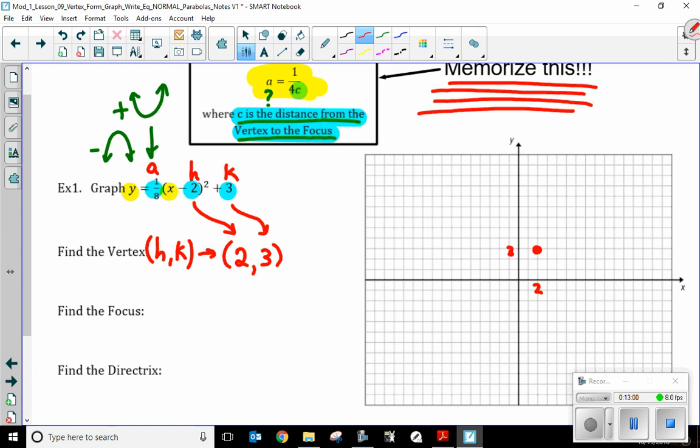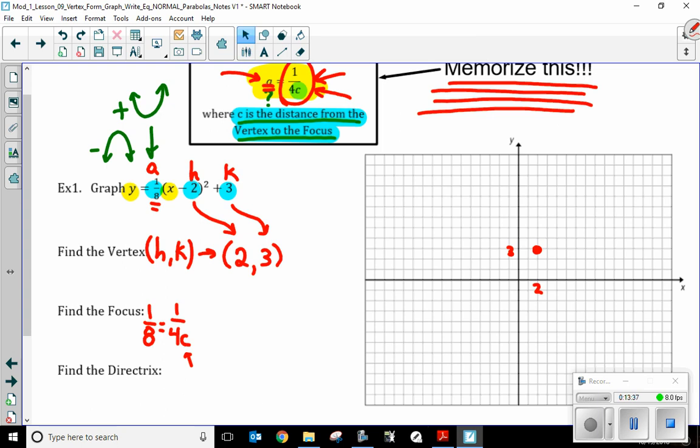I know that my A value, which is 1/8, should always equal 1/4C. This never changes. But mister, what if my A value is different? Then the A value will change, but this never changes. It's always 1/4C. And if I can figure out what the C is, I can figure out the distance to my focus.